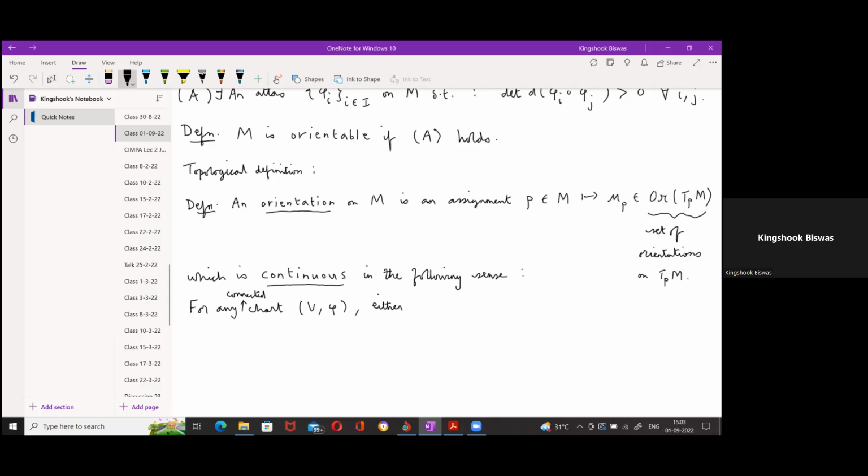So if I have an isomorphism between finite dimensional vector spaces, I can use it to push forward orientations on one vector space to the other vector space, right?